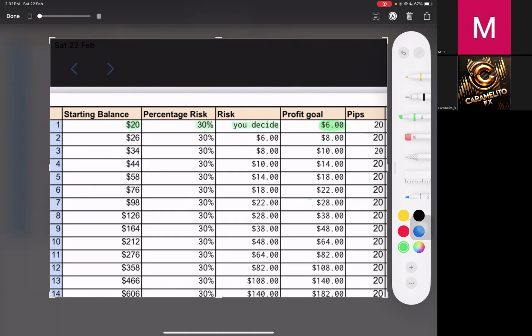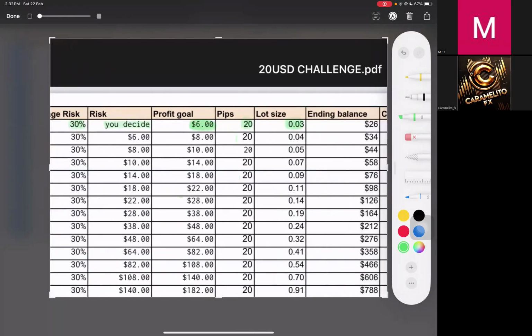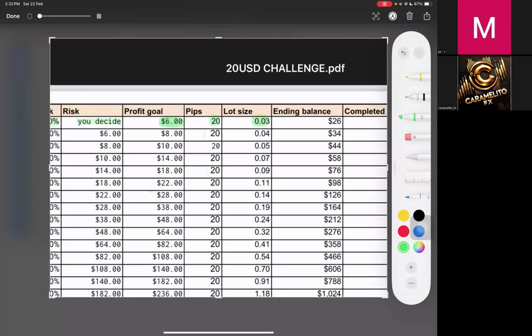You have to remember one thing: if your setup is not right, earning even $1 or $2 is really, really hard, floating a lot, and it takes a really long time. Why? Because your setup is not right. So for the target pips, only 20 pips. Lot size 0.03. You can put 0.01 three times, or put 0.03, no problem. One shot also, no problem.